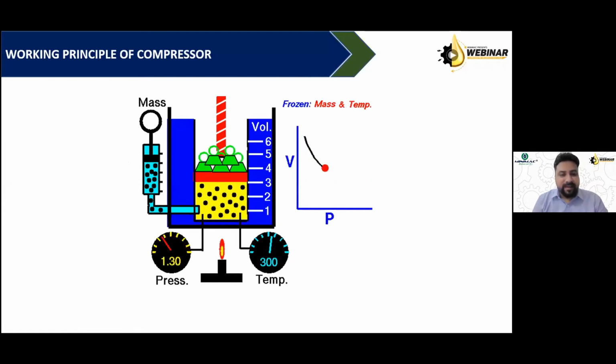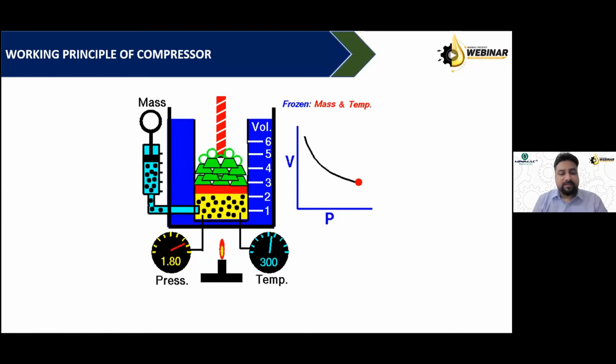Now here we see an animation where we can easily see when a certain mass is applied onto a gas, so that will apply certain pressure. So as the pressure increases, the volume occupied by that gas or fluid reduces. Now here we must understand that the temperature was kept constant.